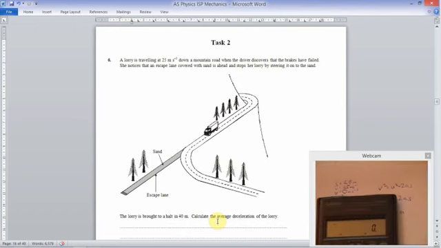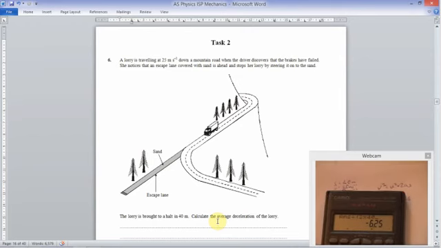So our initial velocity is 25 squared. Let's do this correctly: 0 minus 25 squared. And then we want to divide that by 2 times S, 2 times 40.